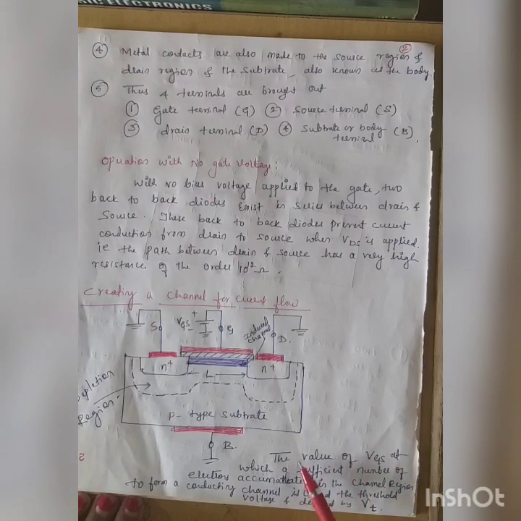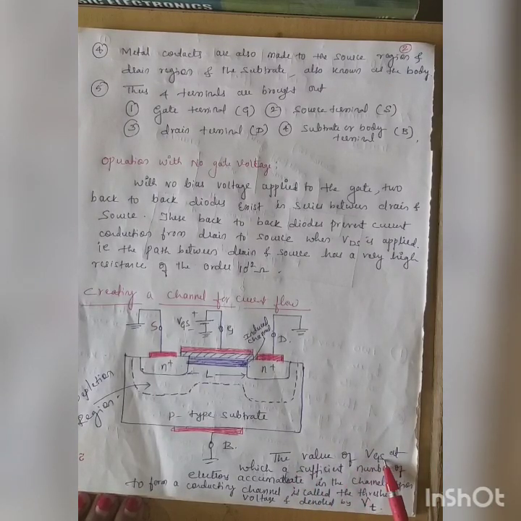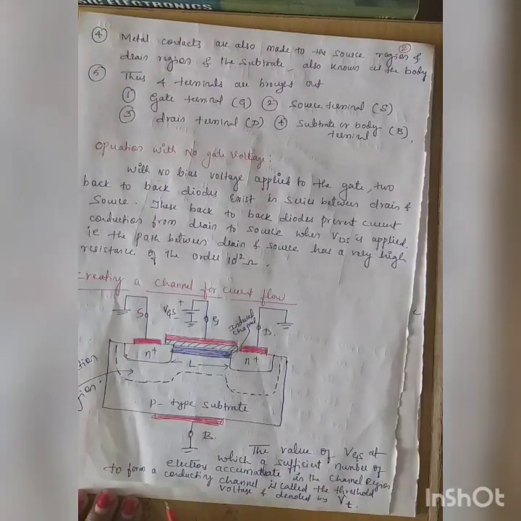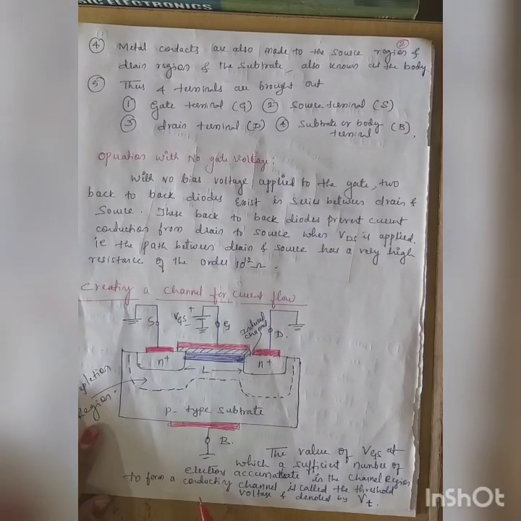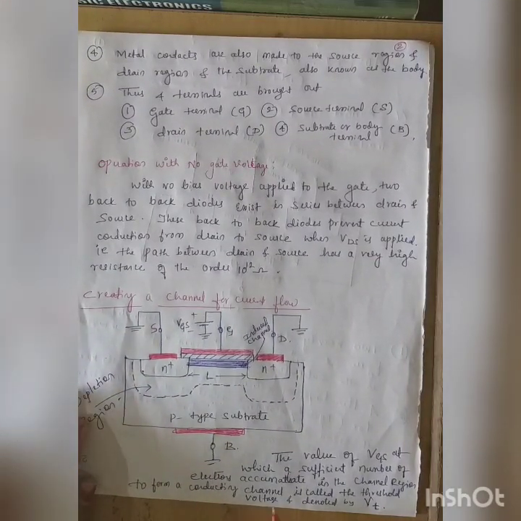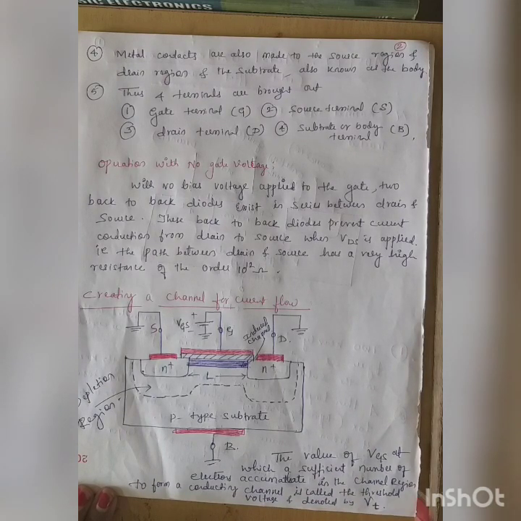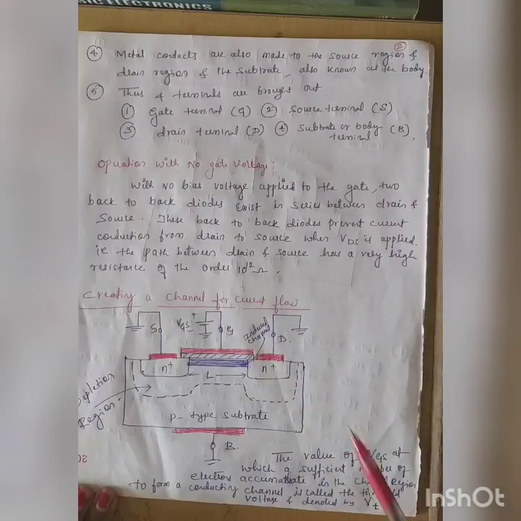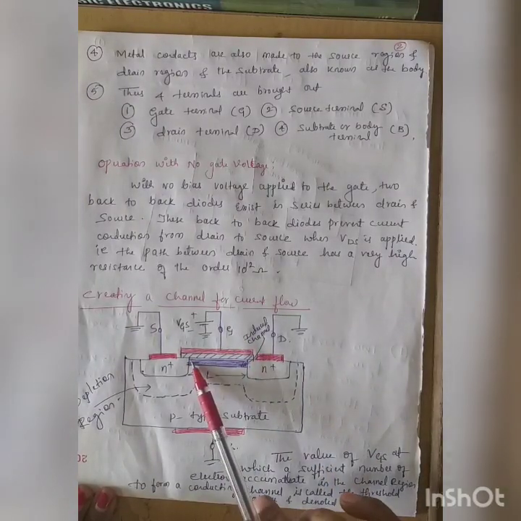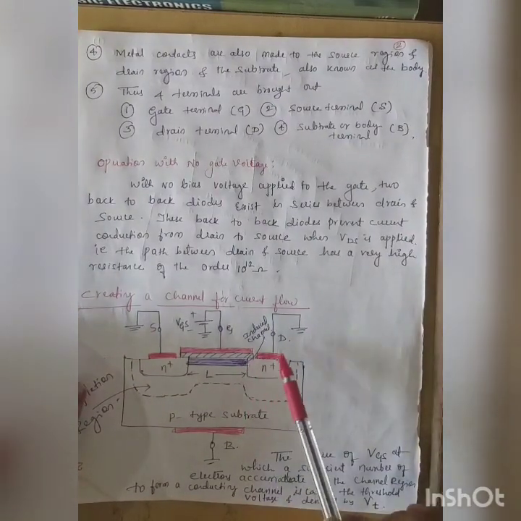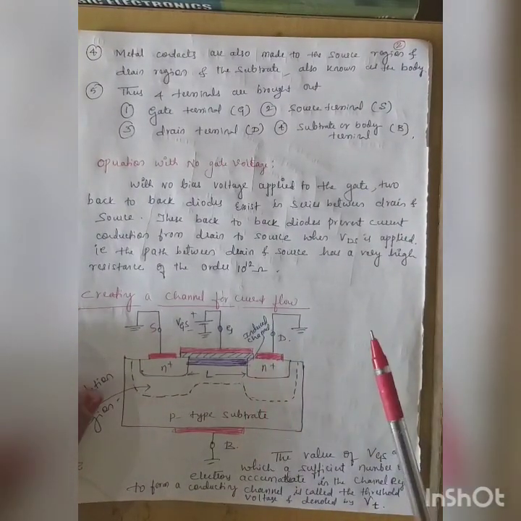That is what we define here: the value of VGS at which a sufficient number of electrons accumulate in the channel region to form a conductivity of channel is called the threshold voltage and denoted by VT. So your VGS value has to cross the value of VT to create this channel. So this is creating the channel for the current flow.